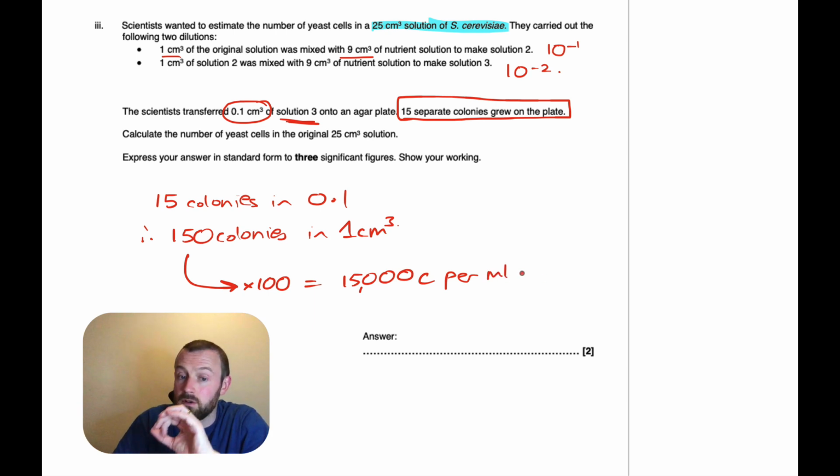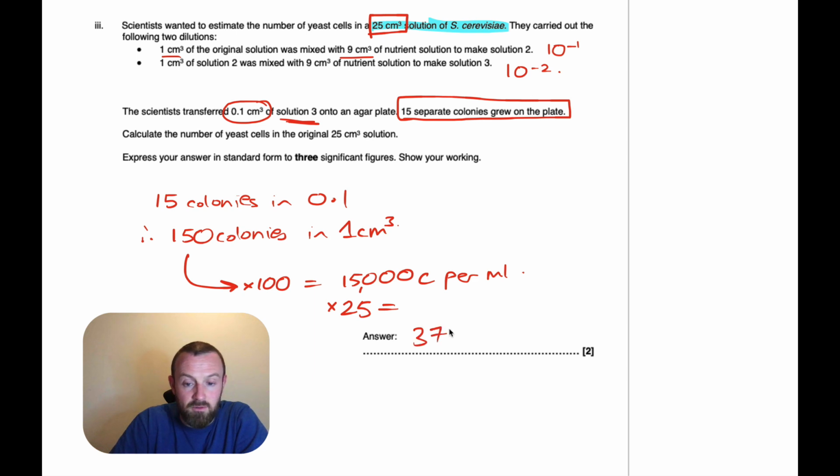Okay, but that's not quite what we need yet. That's per mil, but the question wants us to work out how many in 25 centimetres cubed. So now we need to times it by 25, and the answer you get is 375,000. But the question doesn't ask for it like that. It asks for an answer in standard form to 3 significant figures. 3 significant figures is easy because this already is 3 significant figures.